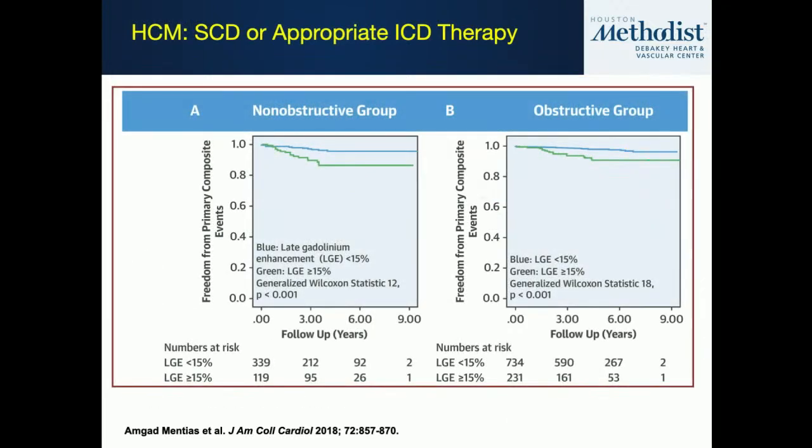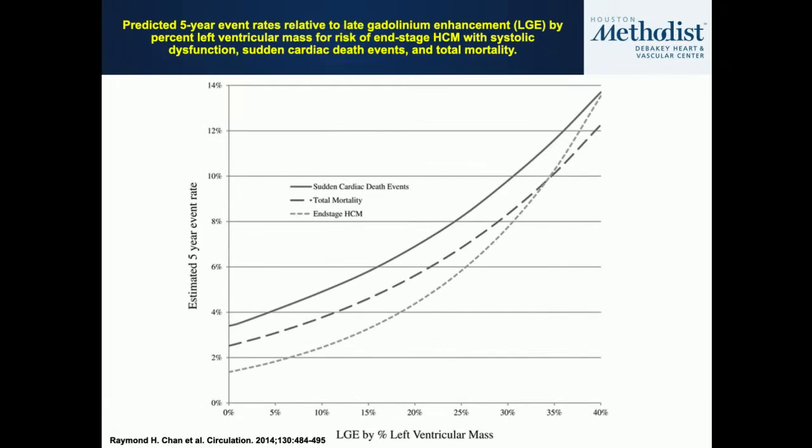This is just another series from a different group, which again showed that whether you're dealing with an obstructive or non-obstructive form of hypertrophic cardiomyopathy, the extent of LGE is associated with prognosis in these patients.